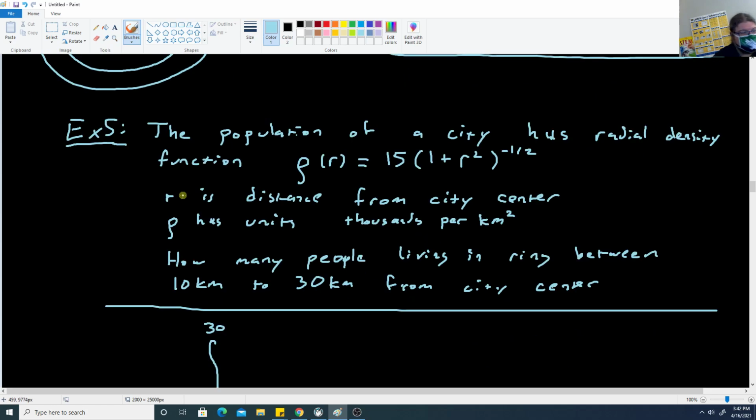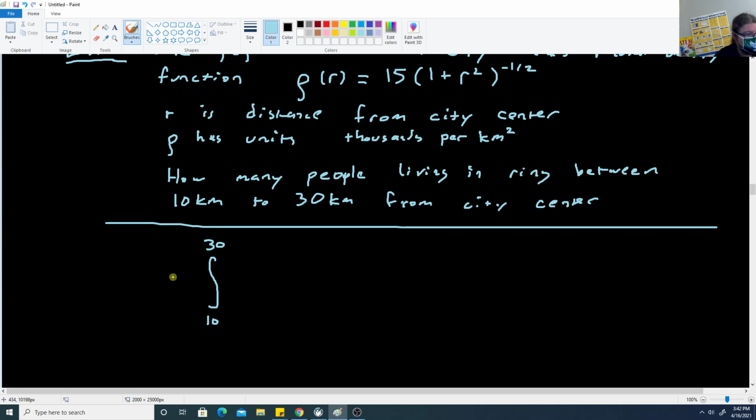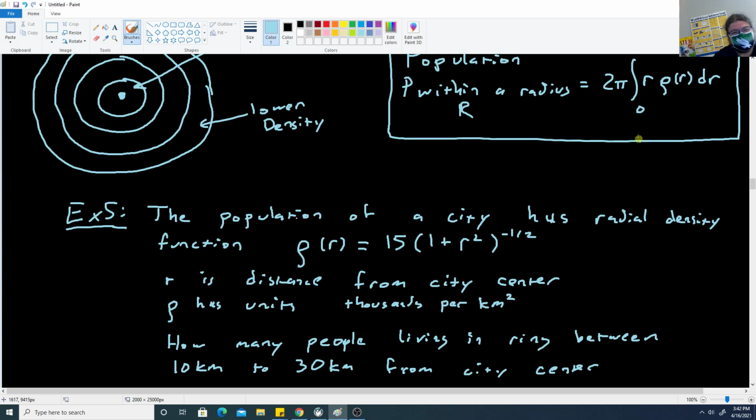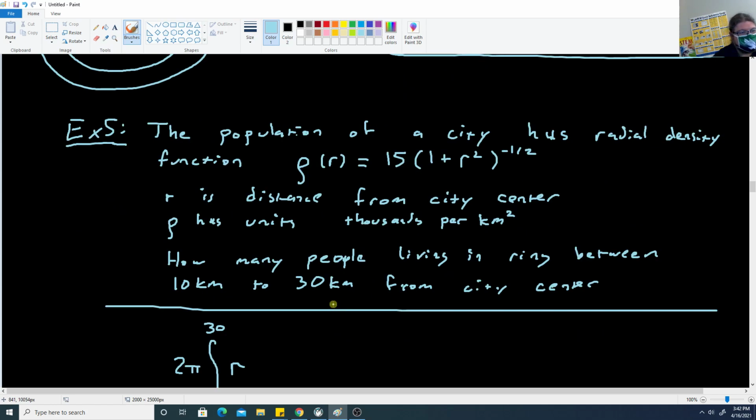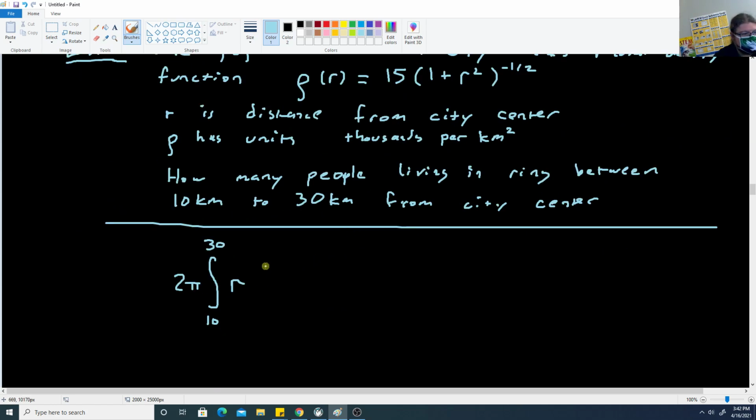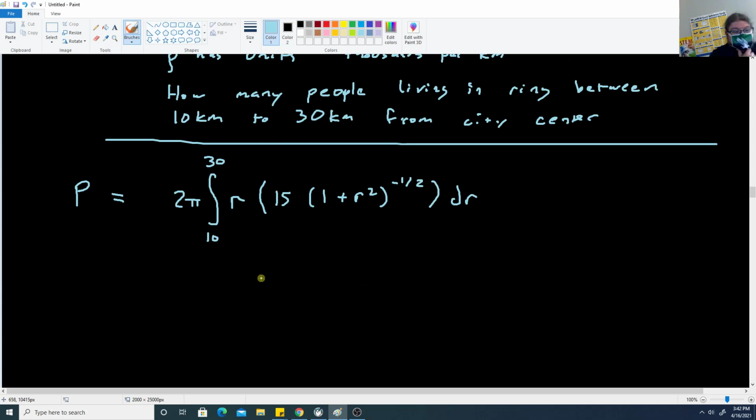The 2 pi is out front, and then we have r times our radial population density, which is 15 times (1 plus r squared) to the -1/2 power dr. So this is the population that lives in the ring between those two values.